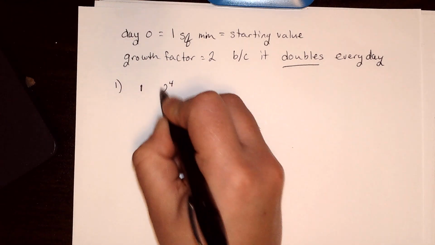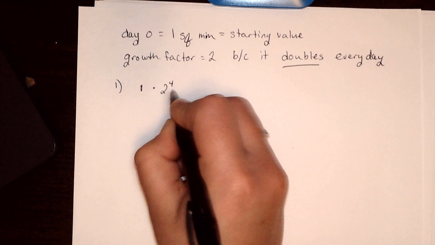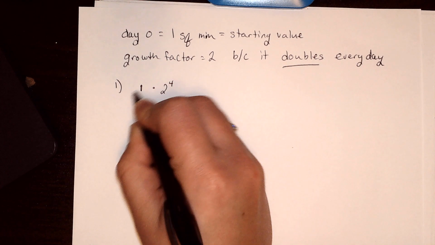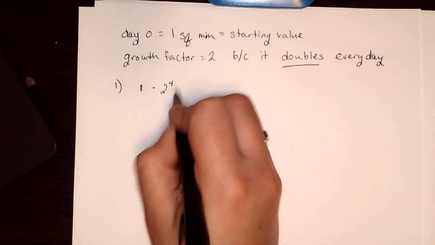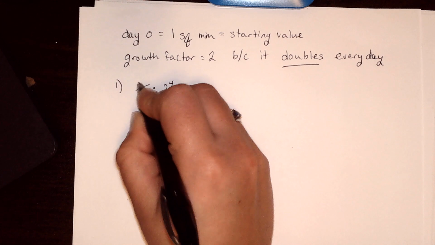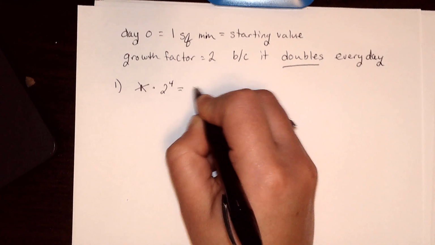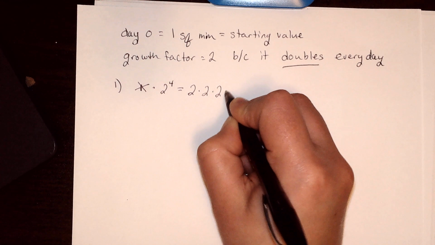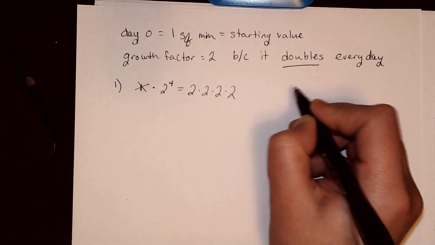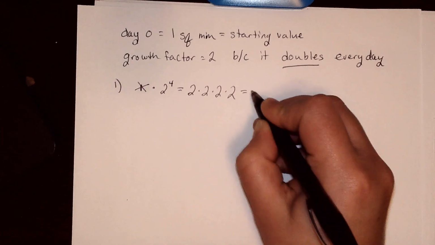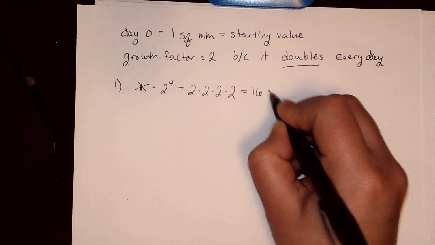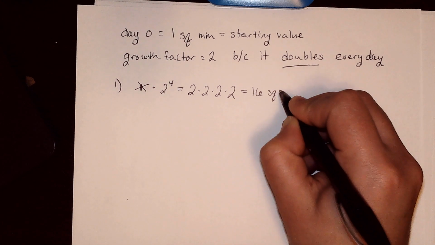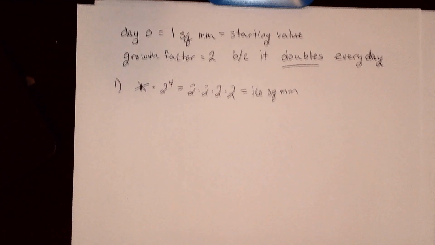Because 1 times 2, we can get rid of the 1, because 1 times anything is itself. So we can ignore the 1. So this is going to be 2 times 2 times 2 times 2, which equals 16 square millimeters.